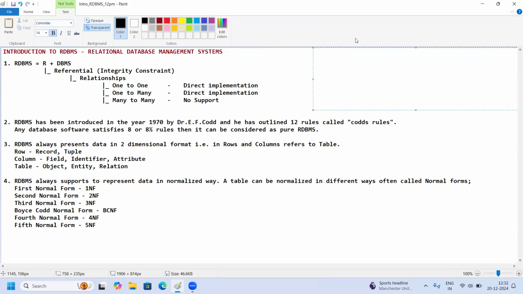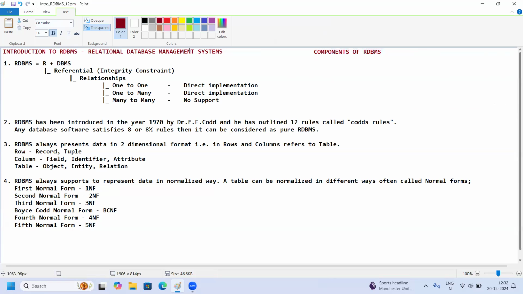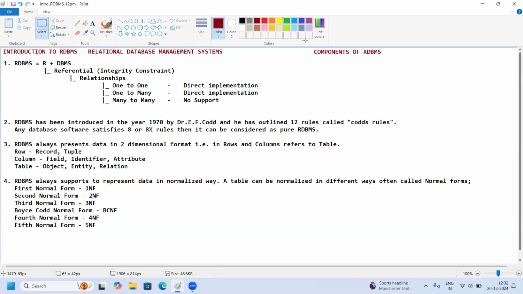Here I'm going to talk about the components of RDBMS. Let me write here only: components of RDBMS.